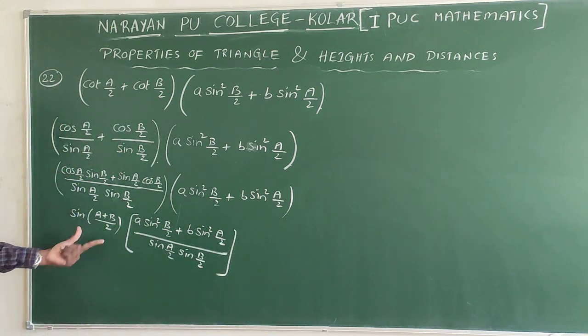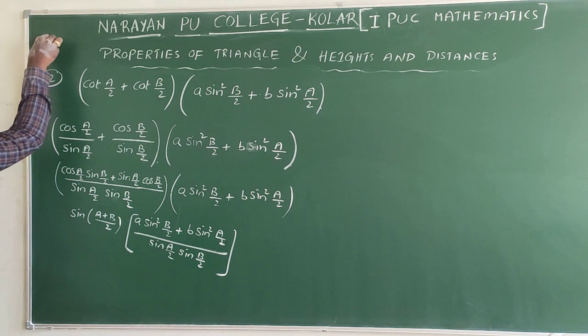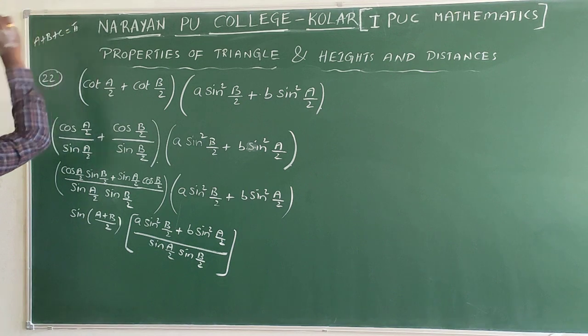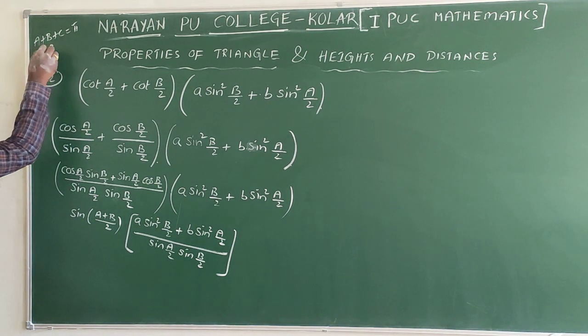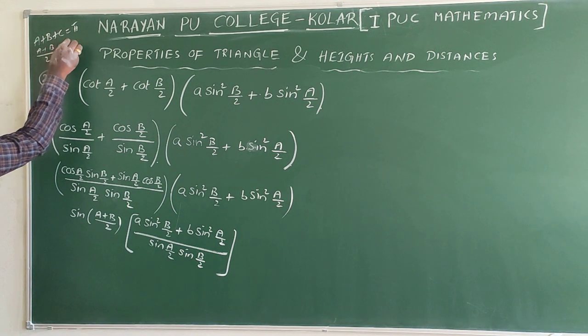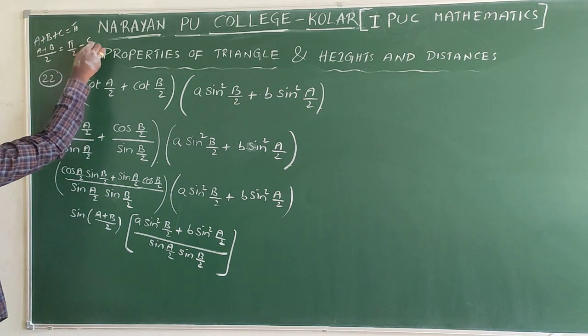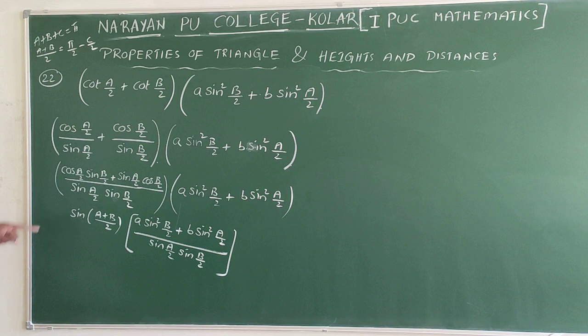In place of this, I can write cos C by 2. Why? Because A plus B plus C equals 180, then A plus B by 2 can be written as pi by 2 minus C by 2. But here the function is sin. Sin 90 minus theta is nothing but cos theta. I am writing directly.